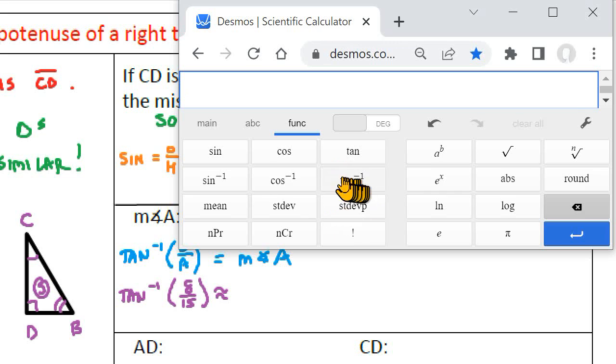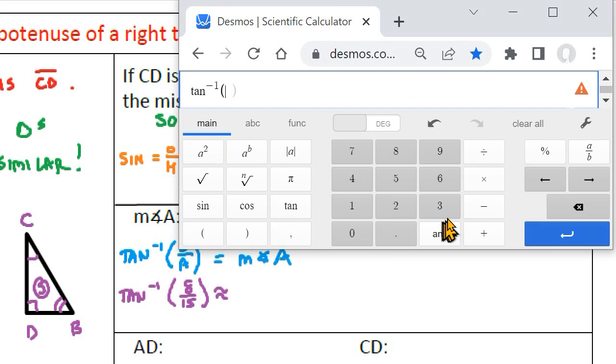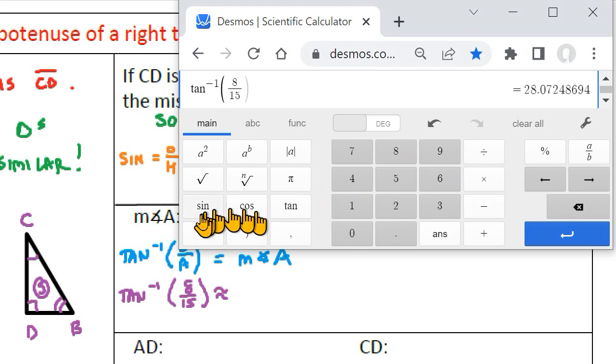I go to function, inverse tangent. I'm going to do 8 divided by 15 and close the parenthesis. And we end up with 28.0724. Let's round it to 3 decimals.